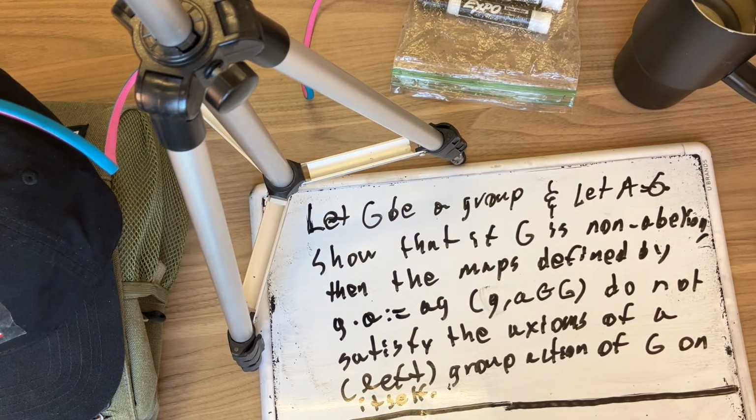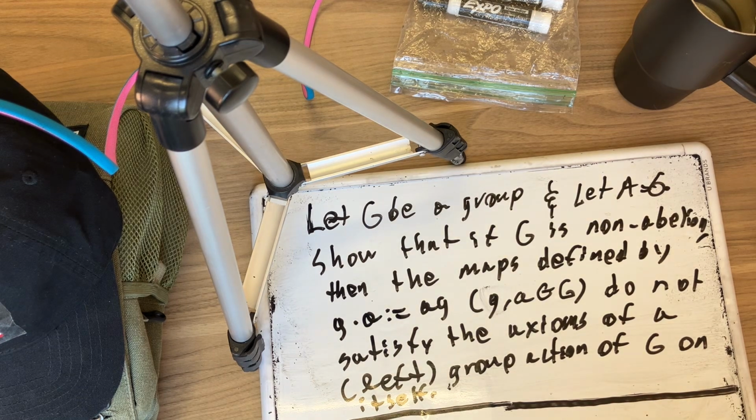So, a left action must satisfy g sub 1 dot (g sub 2 dot a) is equal to (g sub 1 g sub 2) dot a, with the rule that g dot a is equal to ag. That is to say, right multiplication by g. Left-hand side becomes a g sub 2 g sub 1, while the right-hand side is a (g sub 1 g sub 2).